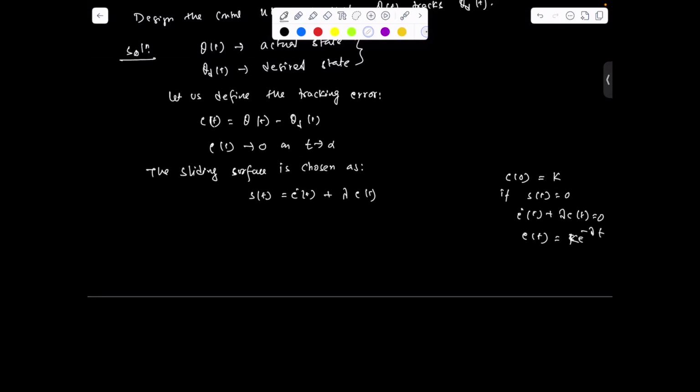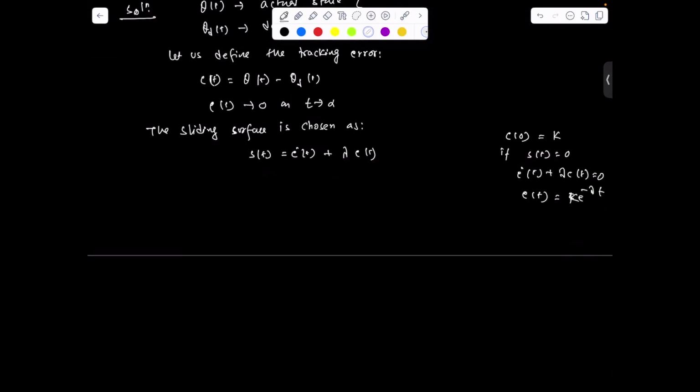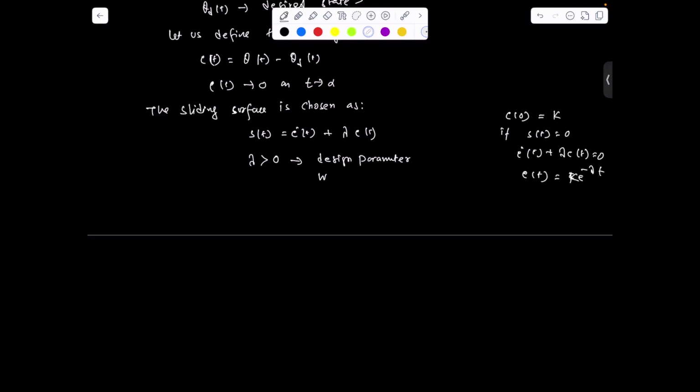This is how we define the sliding surface, what we have discussed in the earlier lecture. And here, lambda is greater than 0, which is basically a design parameter, and which determines the convergence rate of the trajectory.